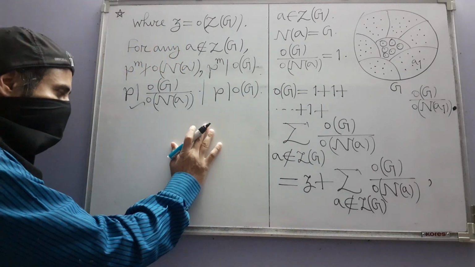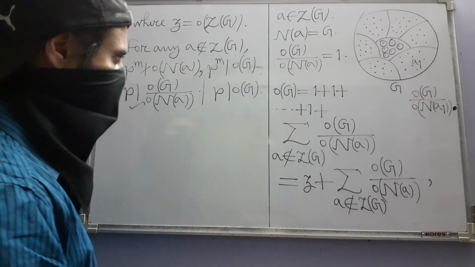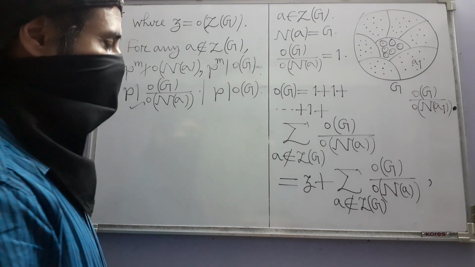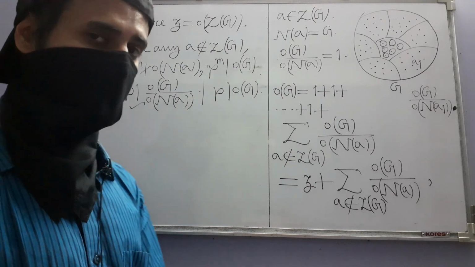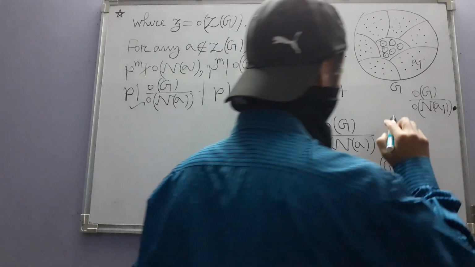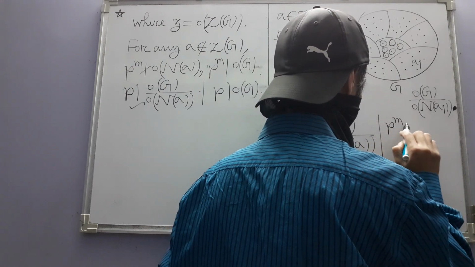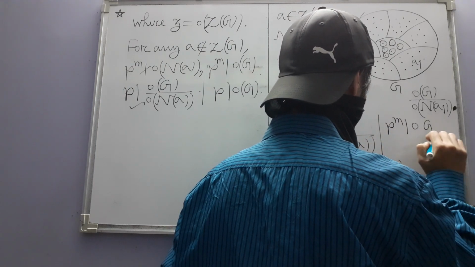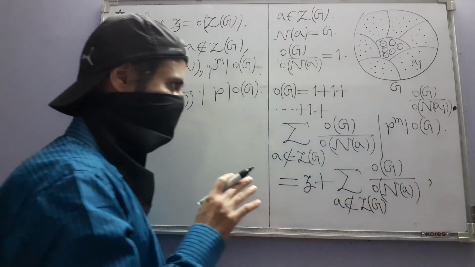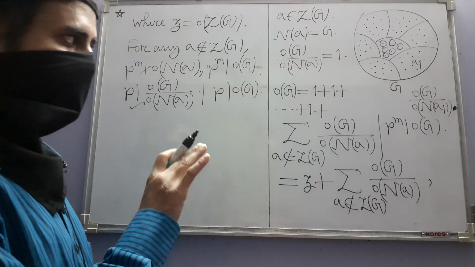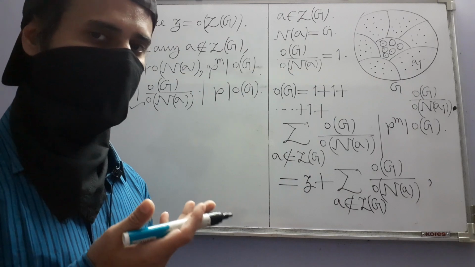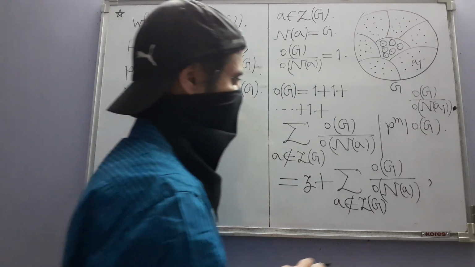Well, actually it has to be considered separately. That p to the power m, the largest power of p dividing the order of g, in that we did not explicitly say what m is. Of course, we know that m is a non-negative integer.